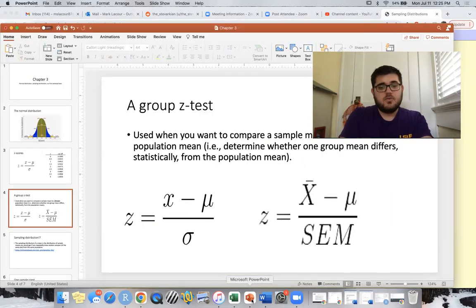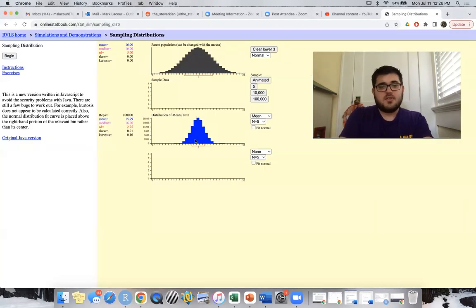With a group z-test, we're asking how many standard errors you are from the population mean. This is called the standard error of the mean, SEM. What is a standard error? A standard error is literally just the standard deviation of the sampling distribution.